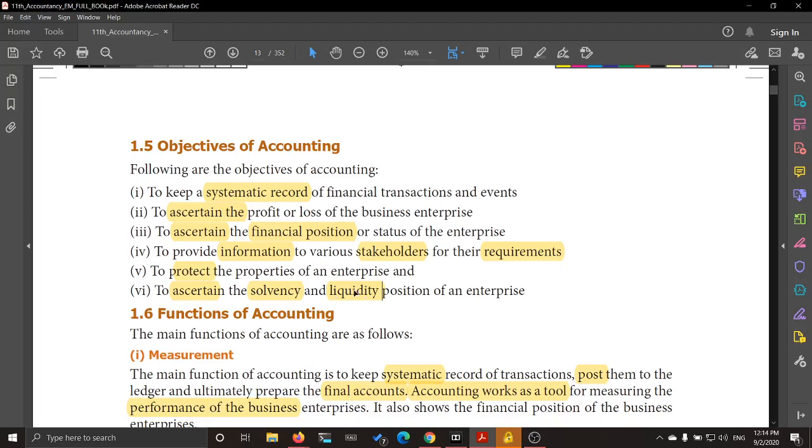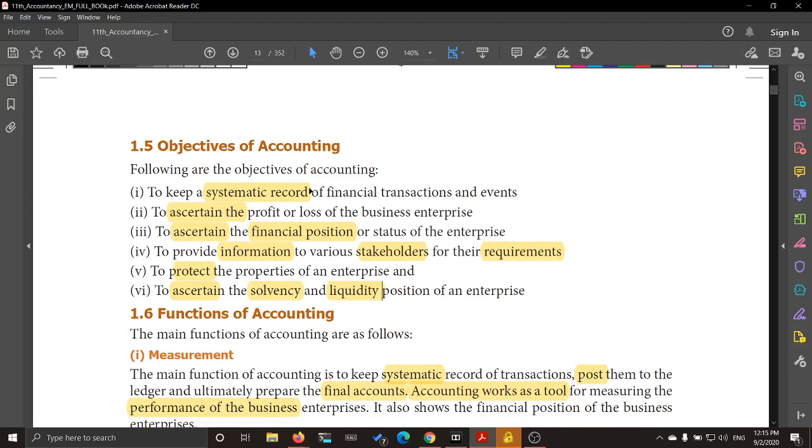So that is what is called liquidity. Solvency refers to the capacity to repay the debts, whereas liquidity refers to the quickness with which you can convert an asset into cash. Okay, so the enterprise's position, solvency position and liquidity position can be known by looking at the balance sheet.